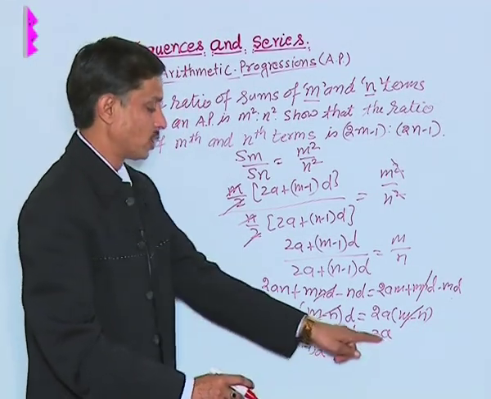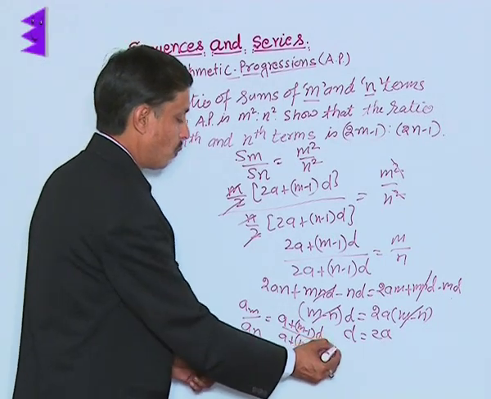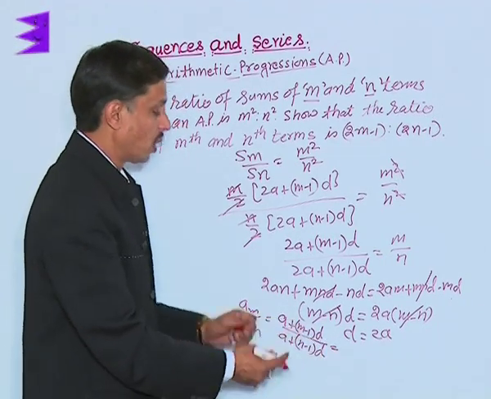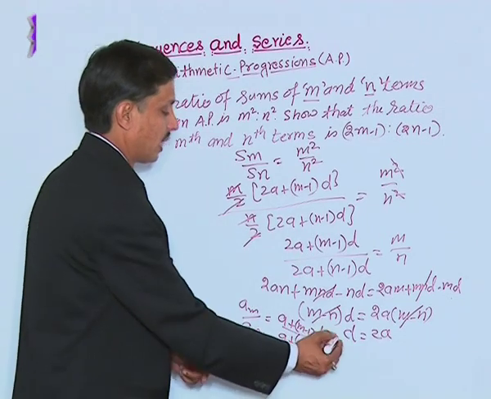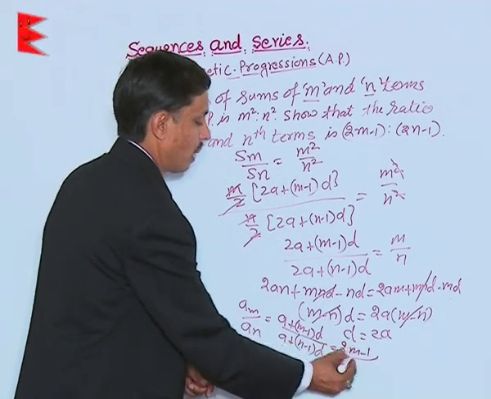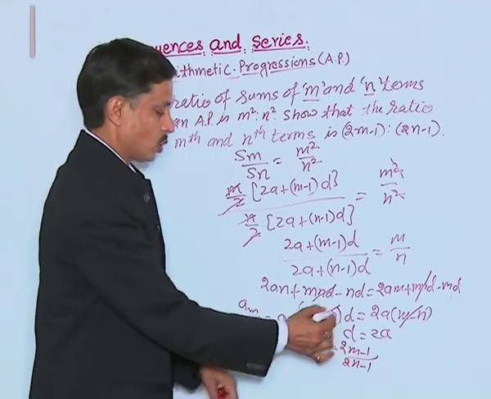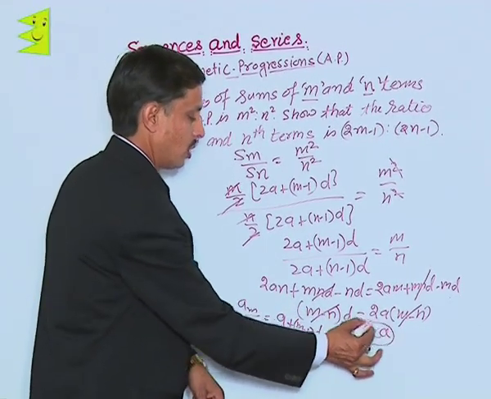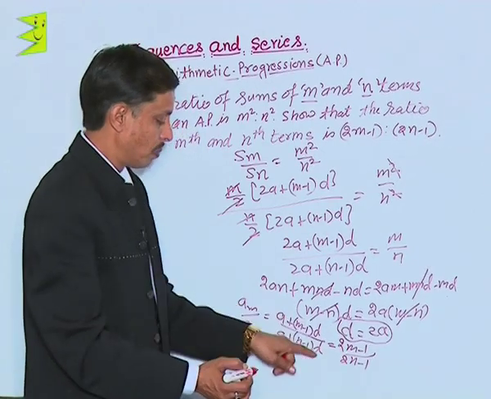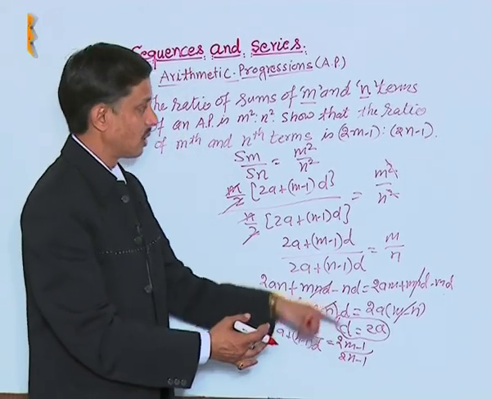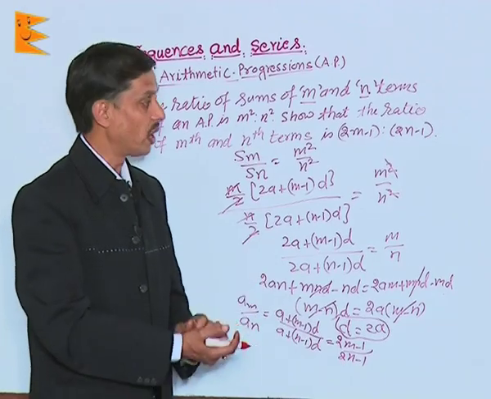Here d will be replaced by 2a. If we do so, and on calculating, we will get the result 2m minus 1 upon 2n minus 1. So the use of this d is equal to 2a, when made here, the answer will come which is required to prove.